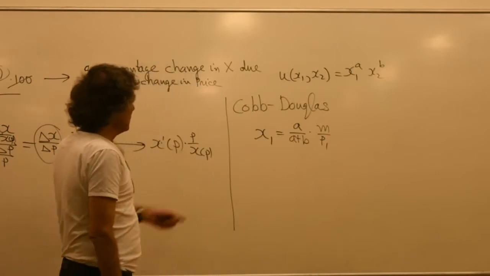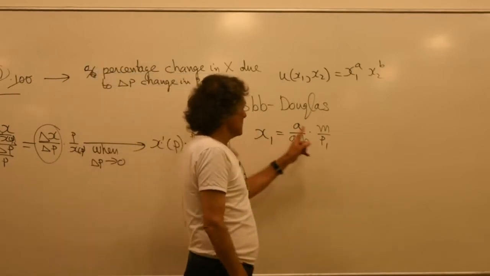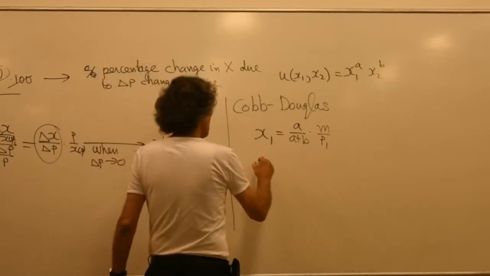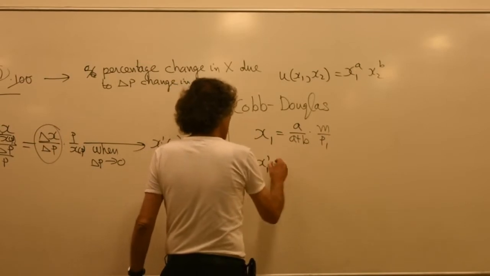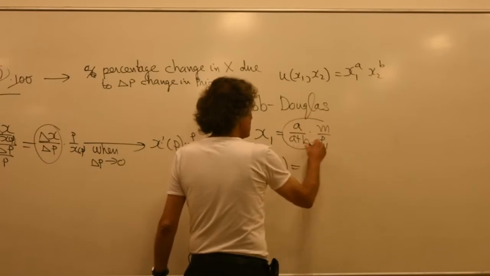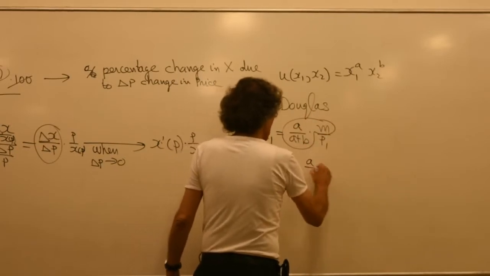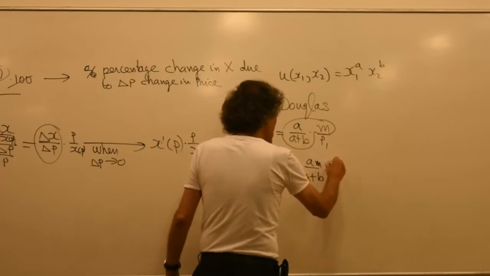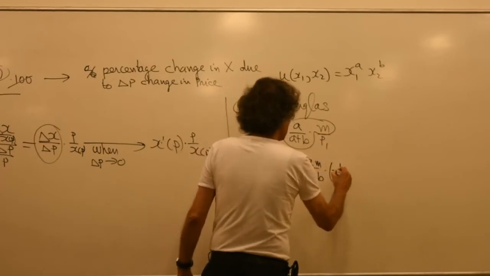So if I want to measure the elasticity of demand of x1 with respect to p1, first of all I want to find out x1 prime of p. I have to take the derivative. All this is constant. So it's a over a plus b times m times minus 1 over p1 squared.